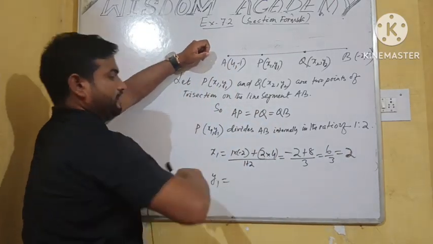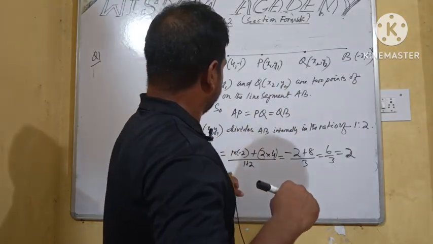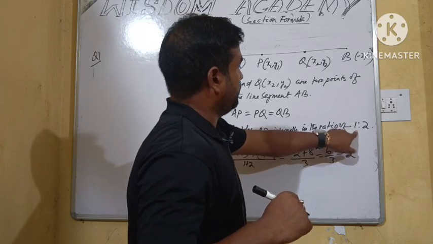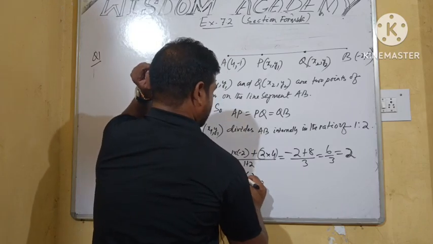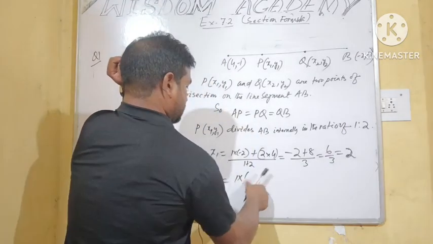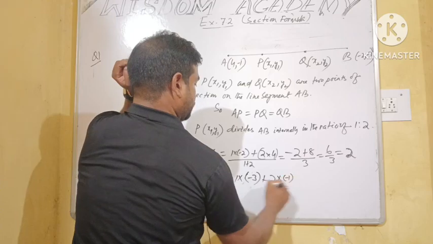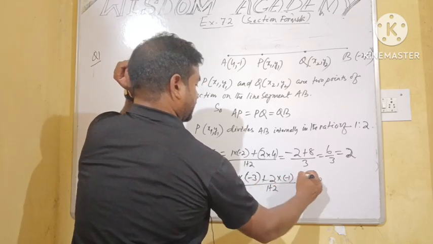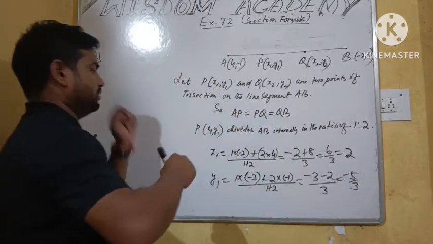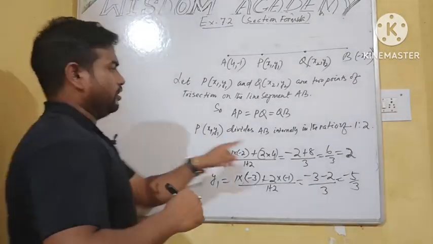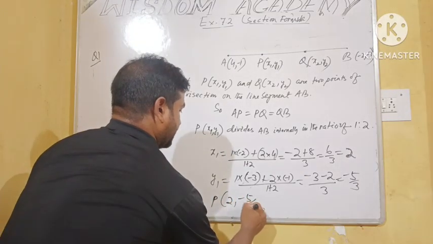Then y1 is 1 into minus 3 plus 2 into minus 1, divided by 1 plus 2, which is minus 5 by 3. So the coordinate of P is (2, -5/3).